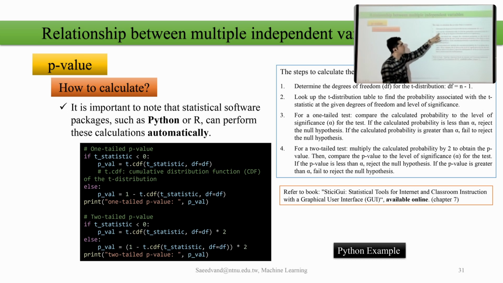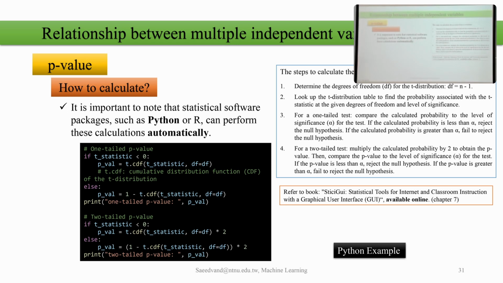Based on that t distribution, for a one-tail test and a two-tail test, we have different simple evaluations that give you the p-value. If you want to read more, refer to this book, Statistical Tools for Internet and Classroom Instruction, that shows this exactly in detail. In the statistical learning book we have, they use a library directly for this part, and we want to do the same, but these are the details if you want to see exactly how the steps happen.